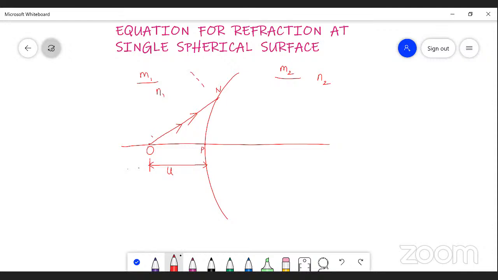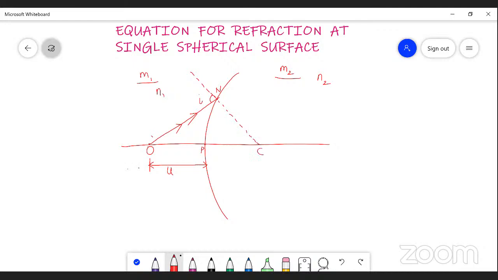This is the normal line. The angle between the normal and the incident ray is the angle of incidence. At any point on the surface, the normal passes through the center of curvature of the spherical surface.